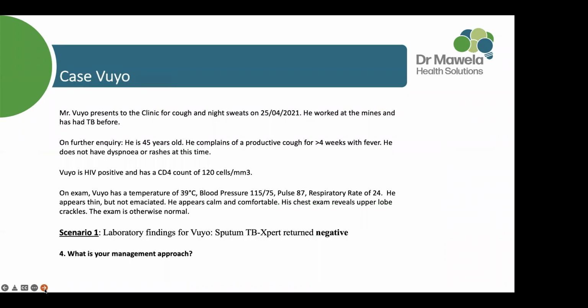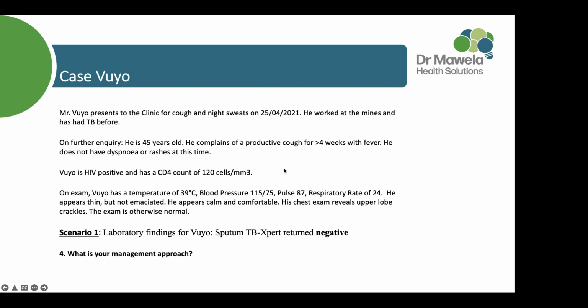So I'm continuing from there. So here's Vuyo. In the first scenario, the GeneXpert results are back and they are negative. So you've got an HIV positive patient who's got symptoms suggestive of TB, and his sputum results come back negative.